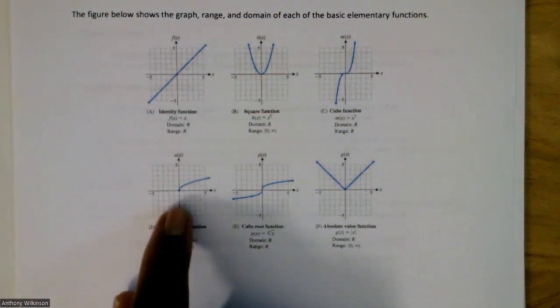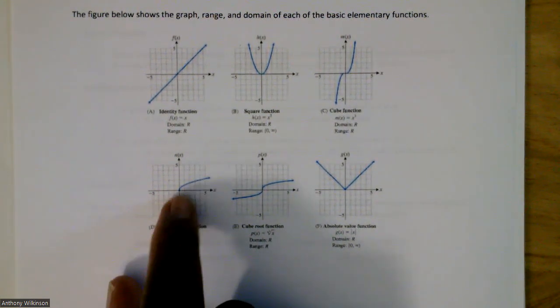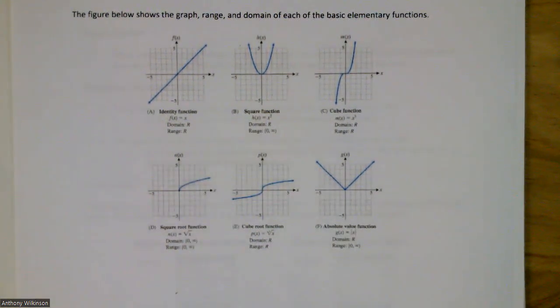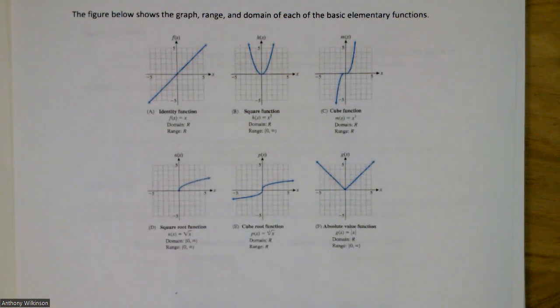And in this case here, this is what the graph looks like. Notice that it's only going in this direction. It's only defined for real numbers that are bigger than or equal to 0. So the domain is just going to be all x values greater than or equal to 0. The range, of course, will be all y values greater than or equal to 0, as you can see here.